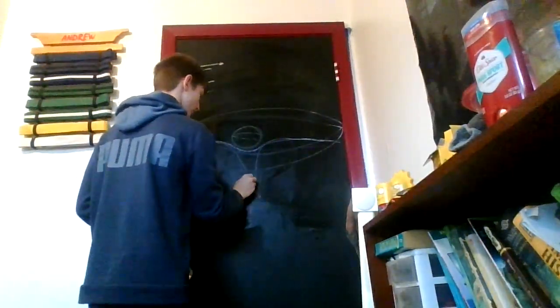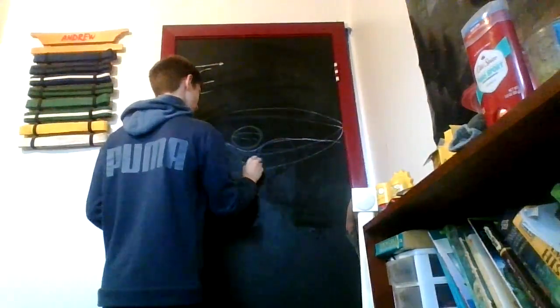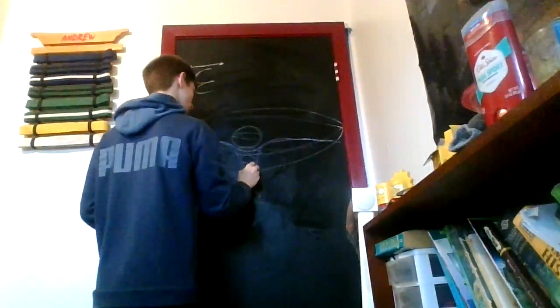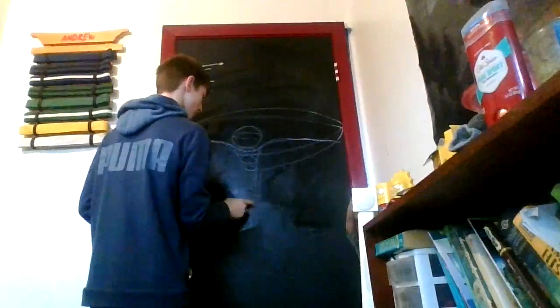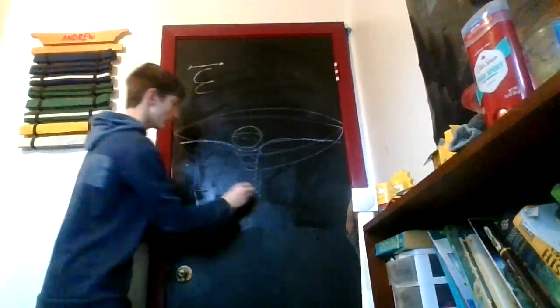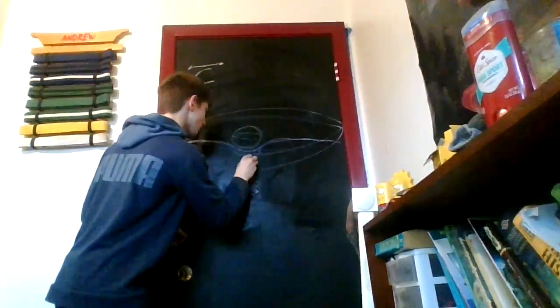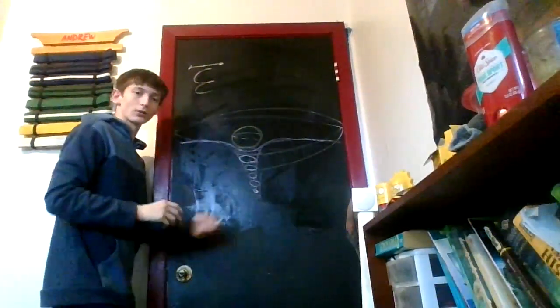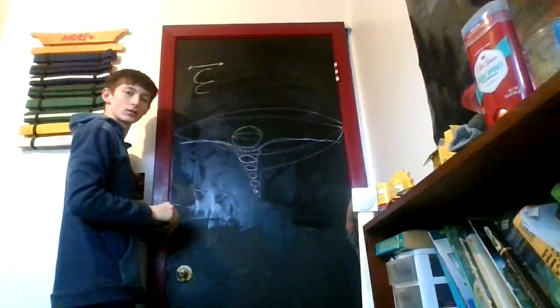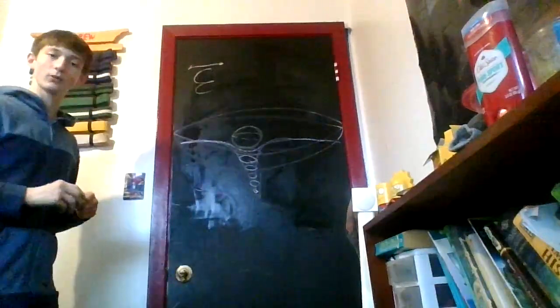I have a little circle, a little circle, a little circle. So now I have all these little circles going up through this thing that looks like a vortex, kind of like the water.